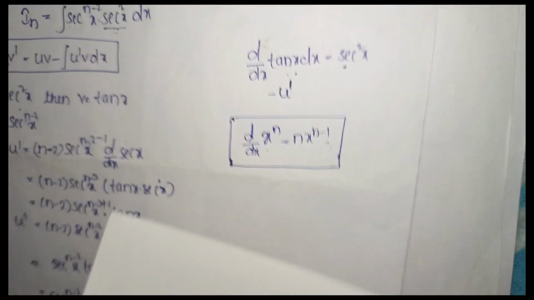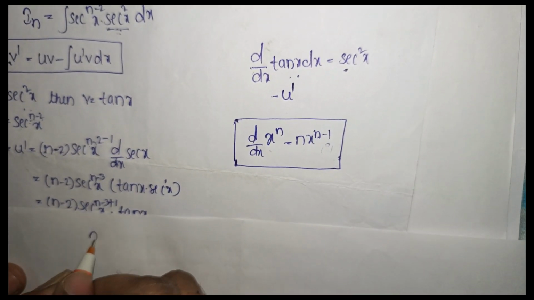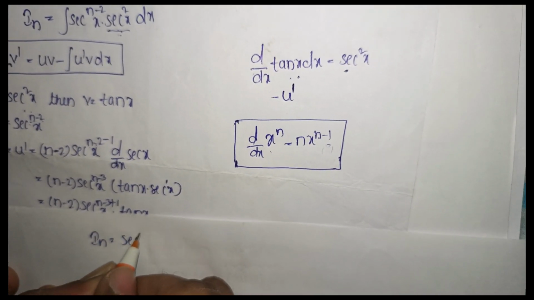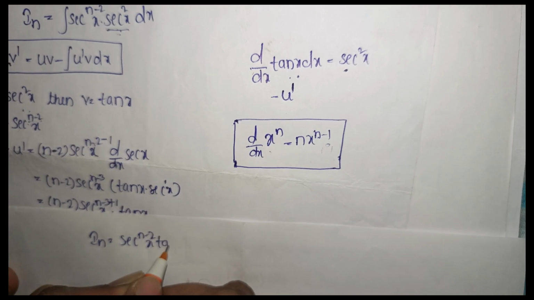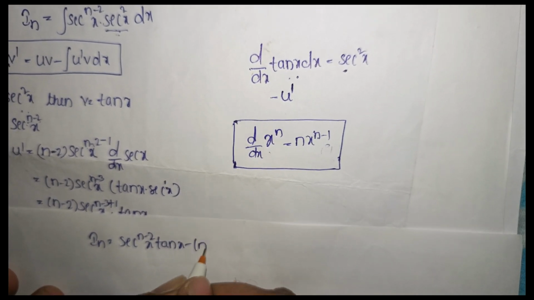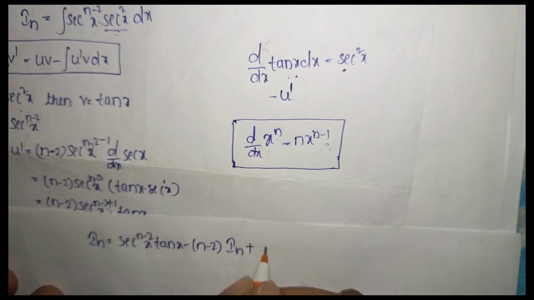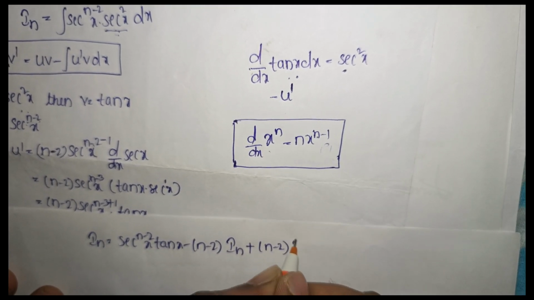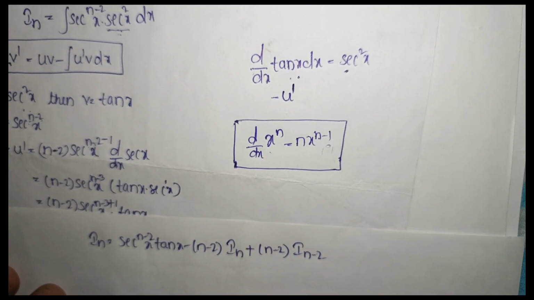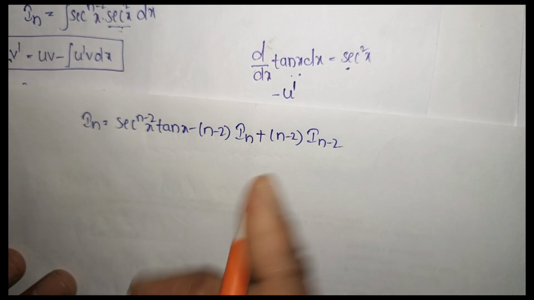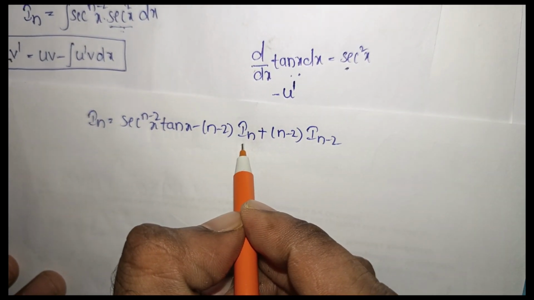So continuing, In is equal to secant to the power of n minus 2 x tan x minus n minus 2 In plus n minus 2 In minus 2. If you notice, we have In in the equation, right?